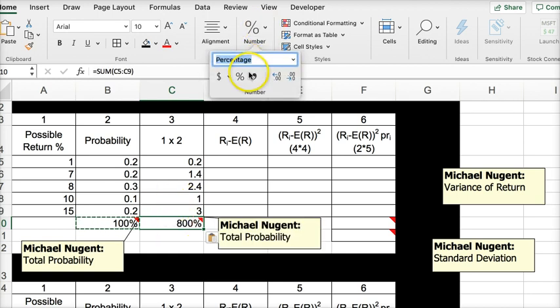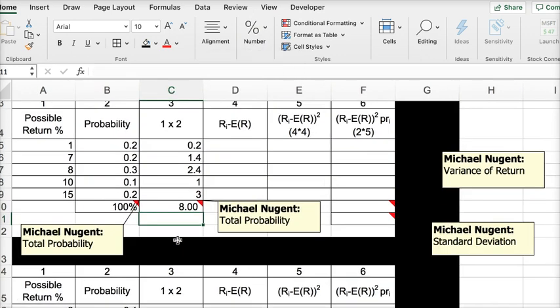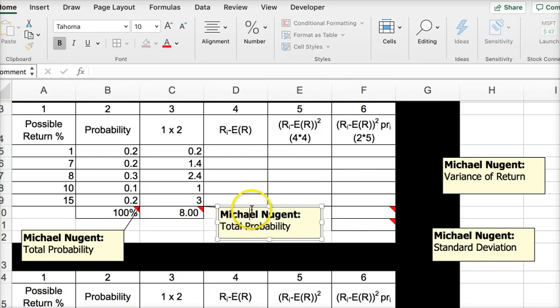It's just going to be a number. So this would be the expected return.